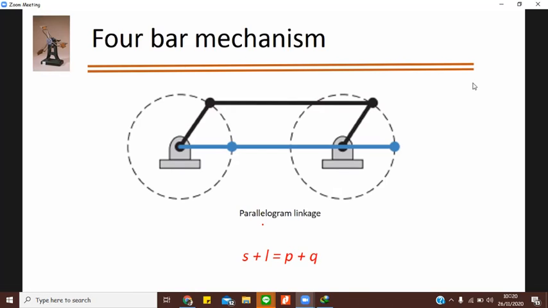Okay, so the opposite links will always be equal. This will be equal to this one and this will be equal to this one. So the smallest plus largest will be equal to P plus Q. So this is actually forming a parallelogram.